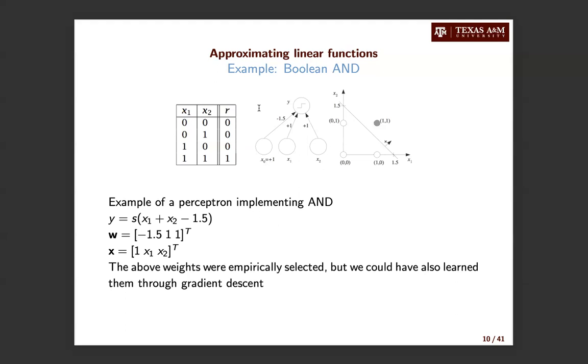Of note here, these parameters are not unique. We can find many other combinations of weights and bias terms that can also implement the same Boolean AND. So we can see that using this simple perceptron unit, we can actually implement this type of Boolean AND function.